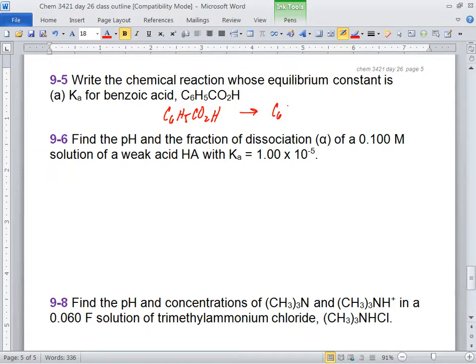Just take a hydrogen off it. They're probably saying this is your acidic hydrogen, so that's what I'm going to leave. And what am I missing? A minus. Exactly. Okay.